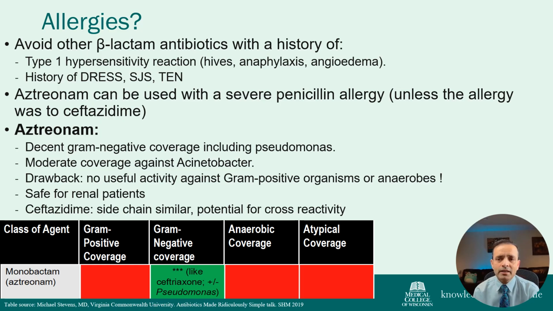I take it like ceftriaxone for gram-negative, and some pseudomonal coverage, a little bit more than ceftriaxone, I would say, and moderate coverage against Acinetobacter. Unfortunately, it does not have any effect against gram-positive or anaerobes, and it's safe for renal patients as well. So that's about penicillin allergy.